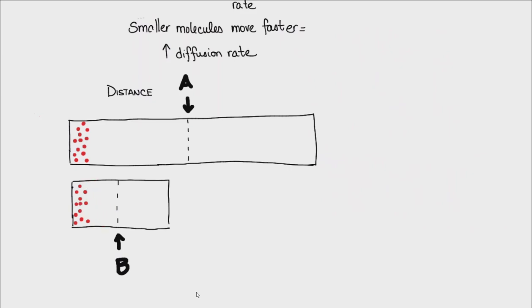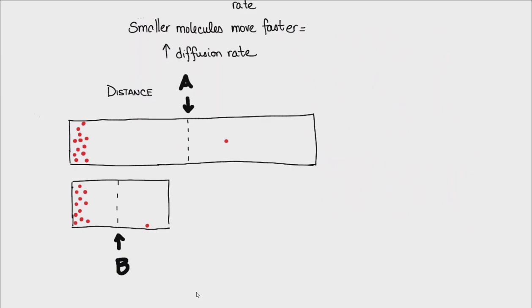Again, just random motion. They're going to start crossing the dashed line that represents B faster than they're going to cross the line for A. So the farther the distance, the slower the diffusion rate.